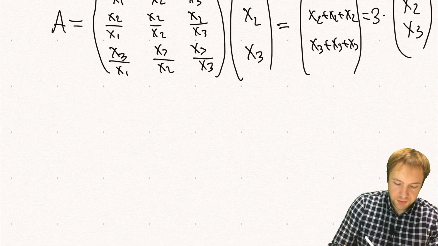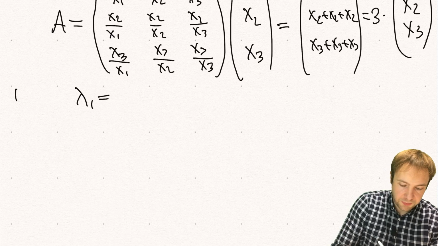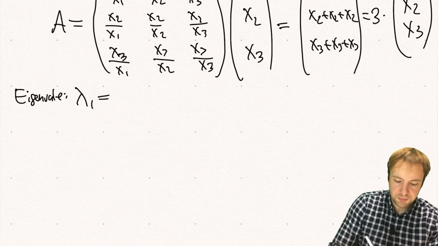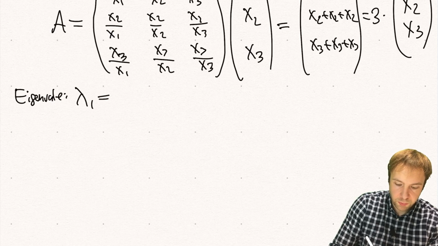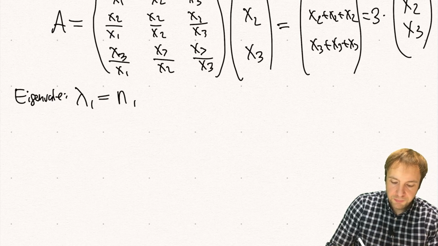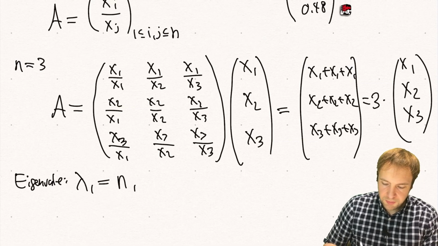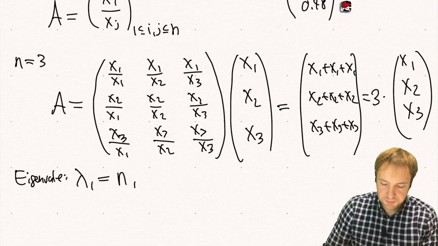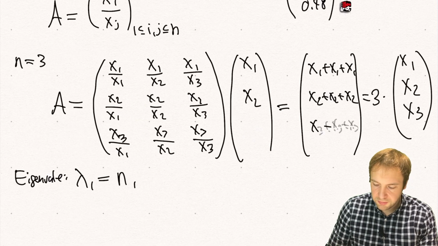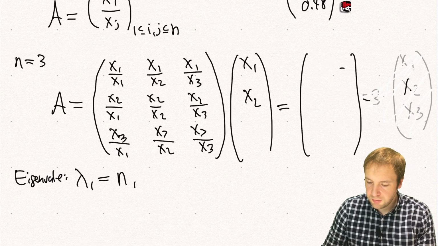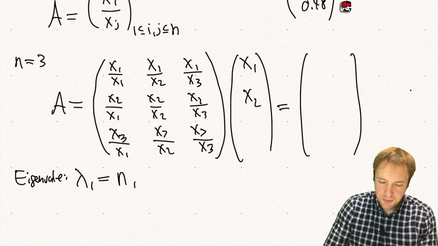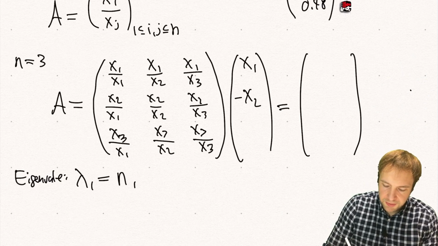So the eigenvalue of this matrix is, in general, n. But also, what happens if I multiply this matrix with, let's say, x1, minus x2, 0?